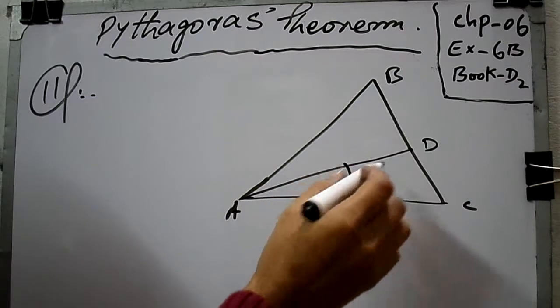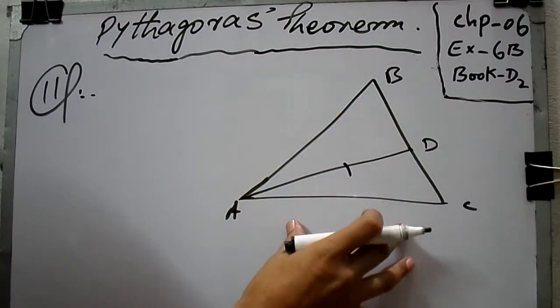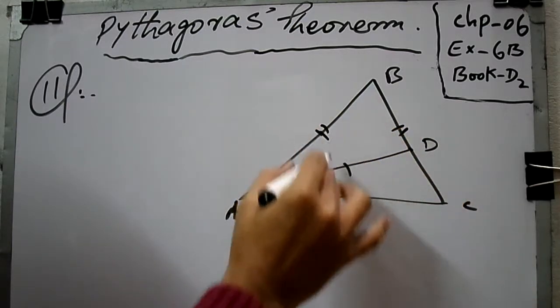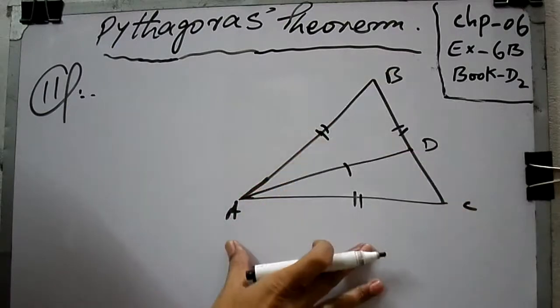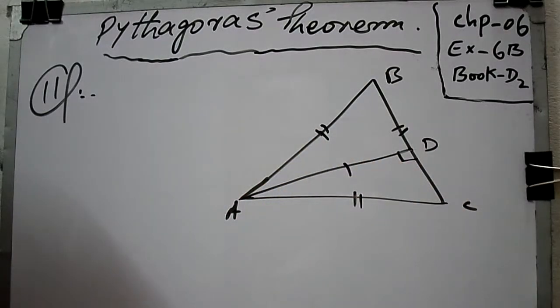It should be noted that it is an equilateral triangle, so you should keep in mind that all sides are equal. You have to find this, and that is your 90 degree.